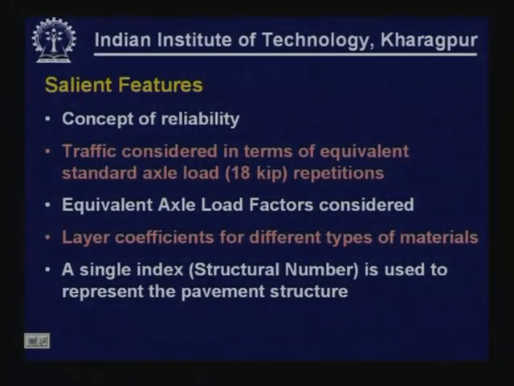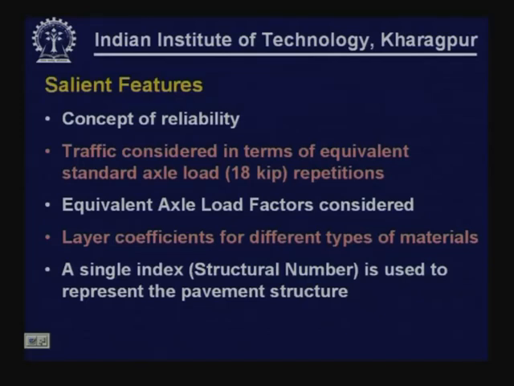It is completely on the basis of experience and how it is correlated to different pavement parameters. There is no analysis involved, at least in the 1993 version. So, the layer coefficients for different types of materials, on the basis of the experience gathered in the AASHTO road test, are available in the AASHTO guidelines.